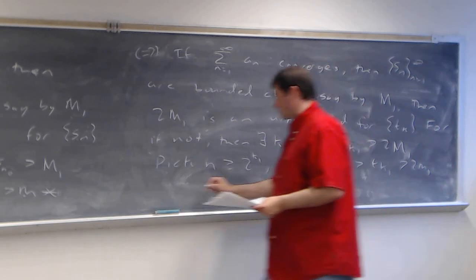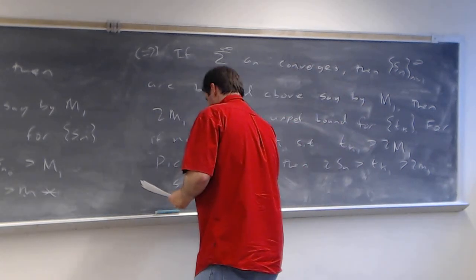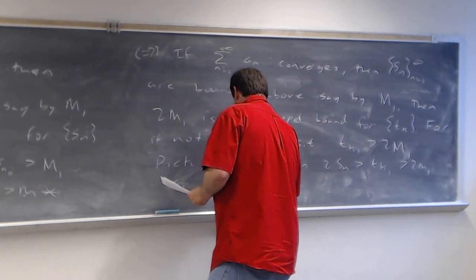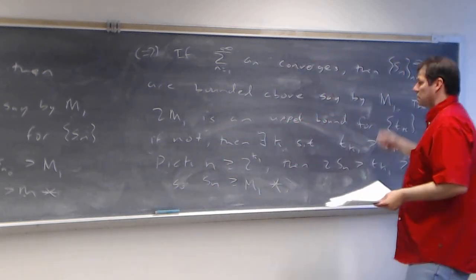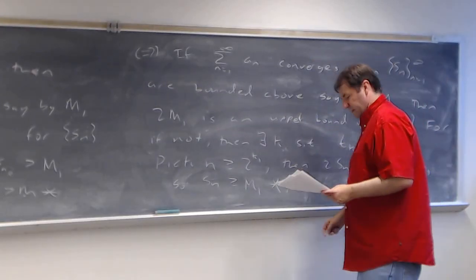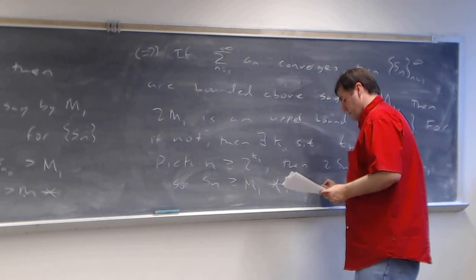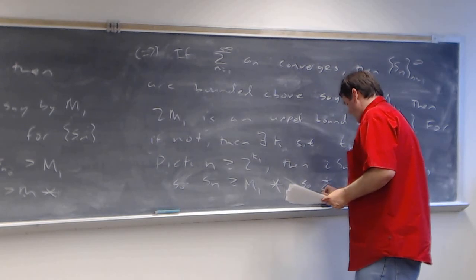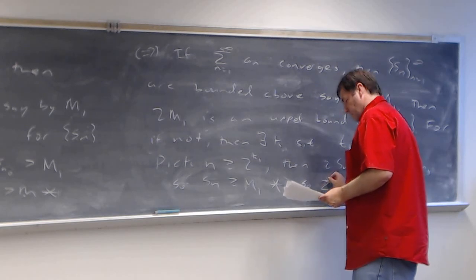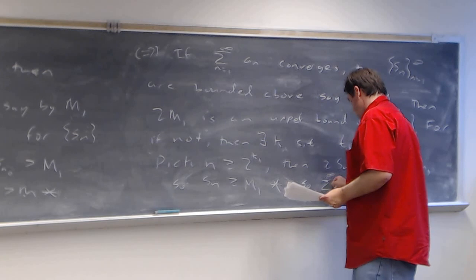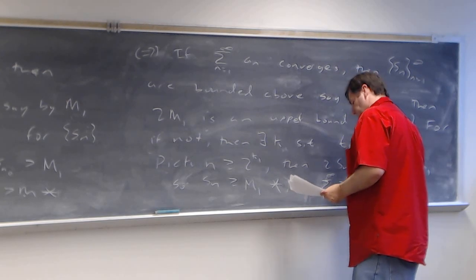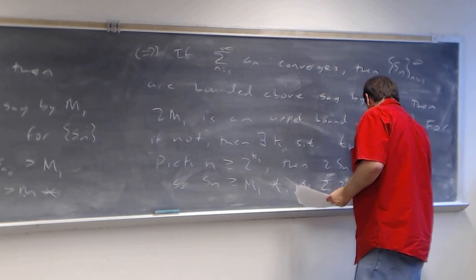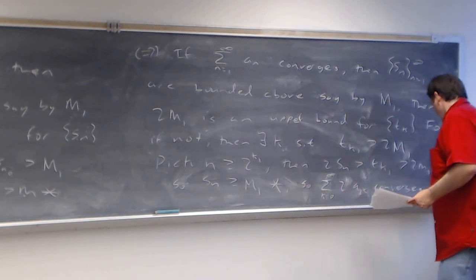And so in this case we have that S of n is greater than or equal to m sub 1, and that contradicts m sub 1 being a bound above for the S of n's. And so this says that this series, as k runs from 0 to infinity, of 2 to the k a sub 2 to the k converges. And that is that proof.